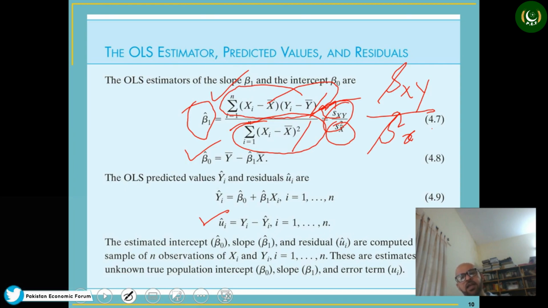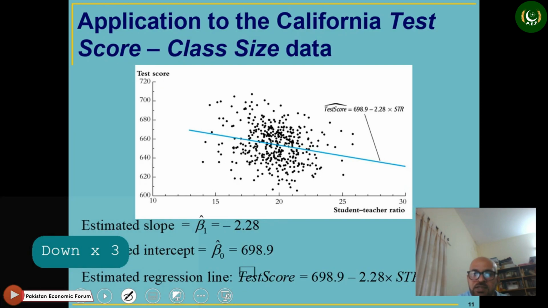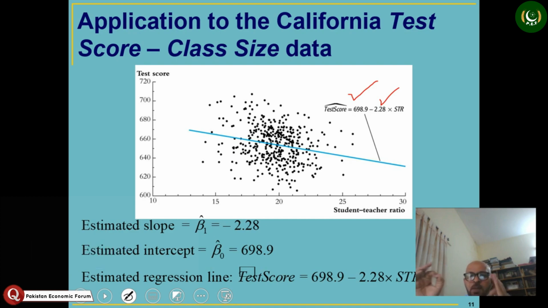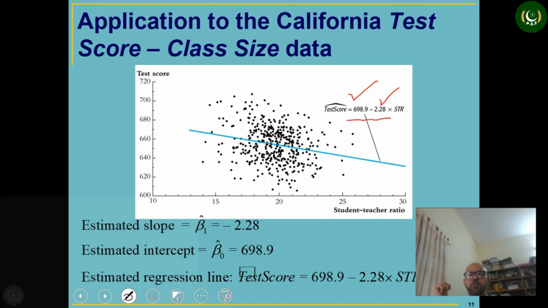Beta naught hat and beta 1 hat are those values which make the sum of squares of residuals minimum. If you pick any two values other than 698.9 and minus 2.28, your sum of squares of residuals will be more than what you get by picking these two values.